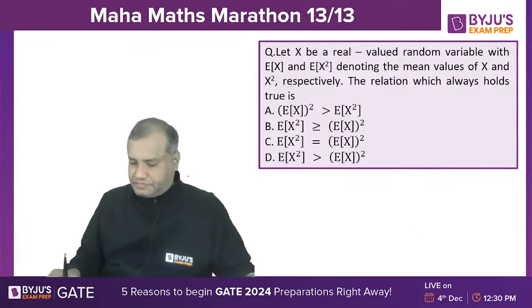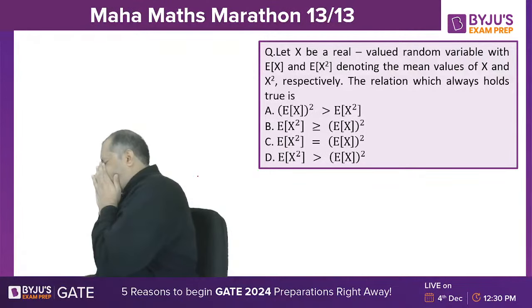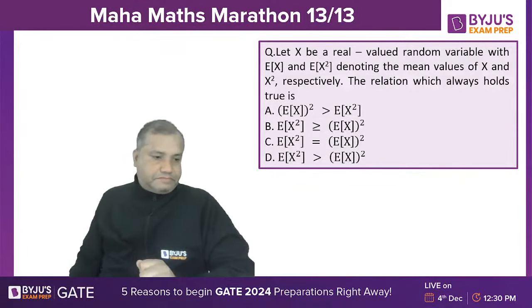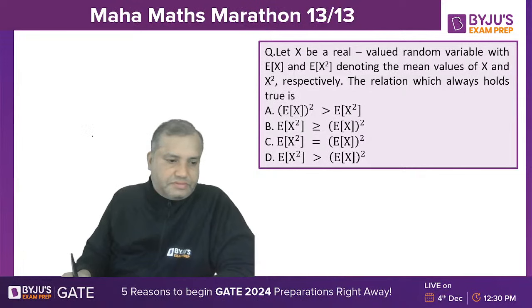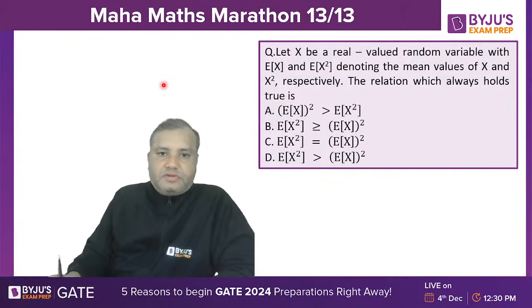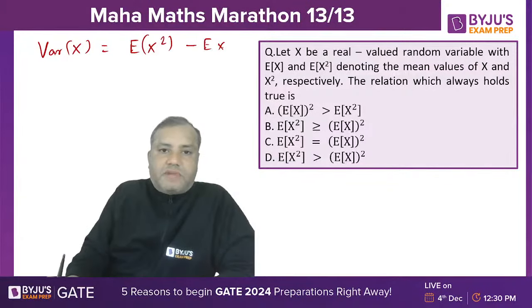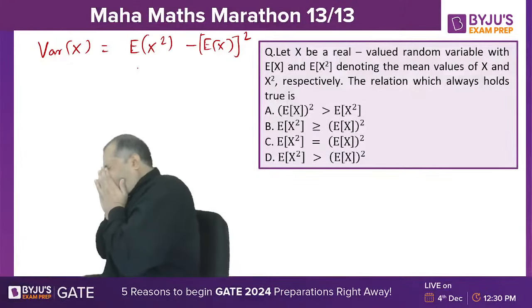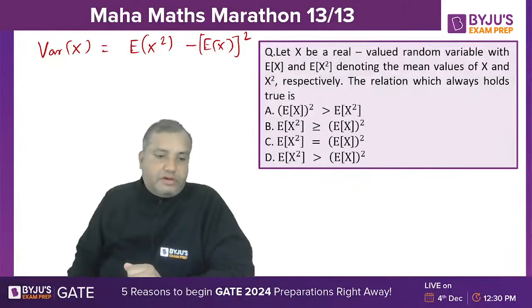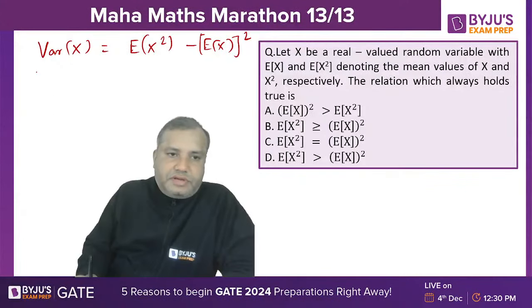Variance of x is expectation x square minus expectation x whole square. Variance of x is always a positive and real quantity.